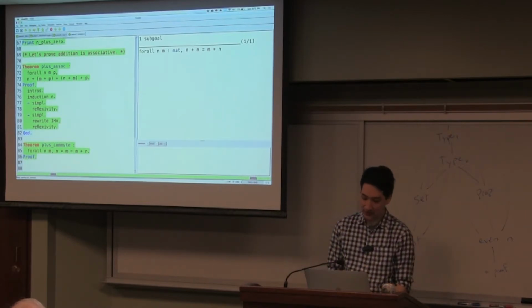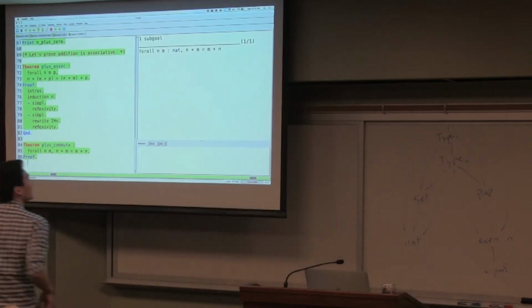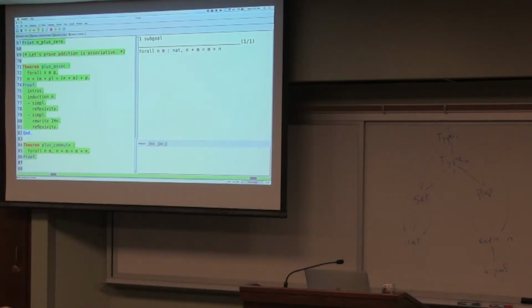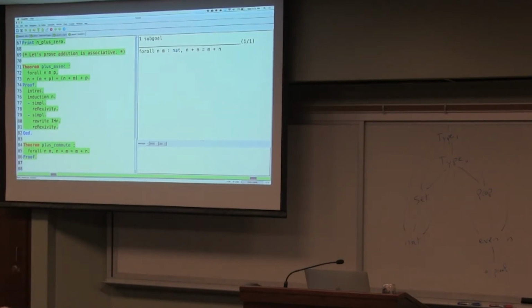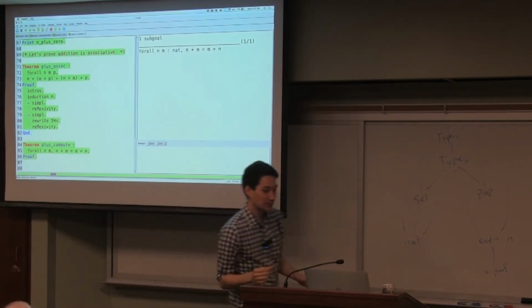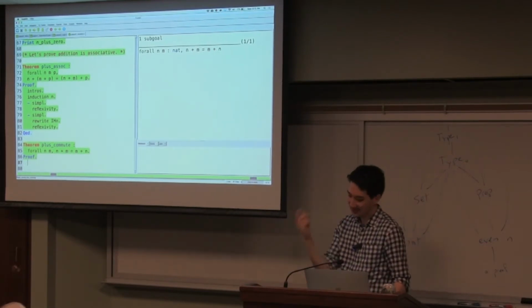Okay, so the first thing I'm probably going to do, well, let's actually think about how we would prove this. I'm guessing it's going to be induction on n. That's something we could try. So one question is, do we want to bring the m into the context before we do the induction, or leave it quantified in the goal? I don't know the answer. Basically, do you want to take out n? Yeah, I'm not sure.